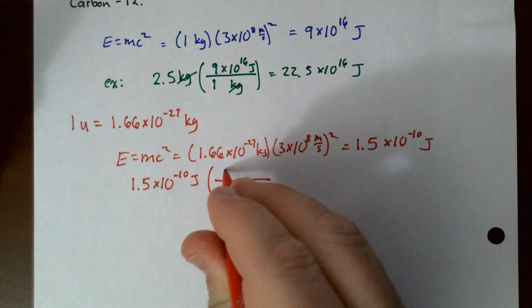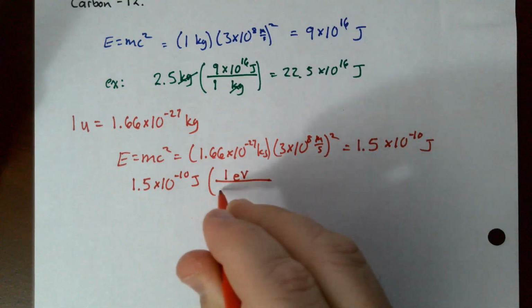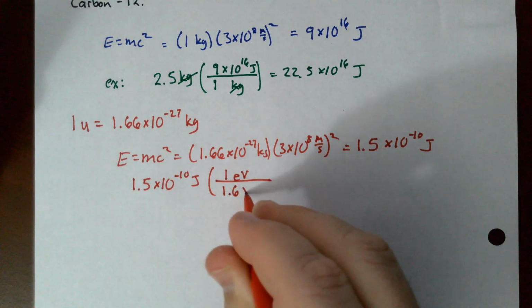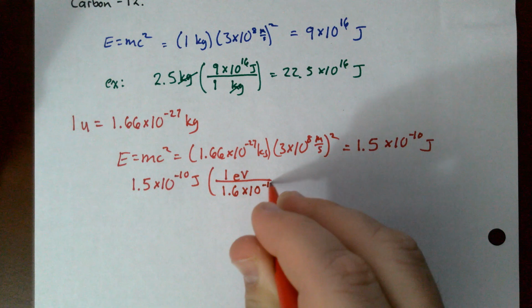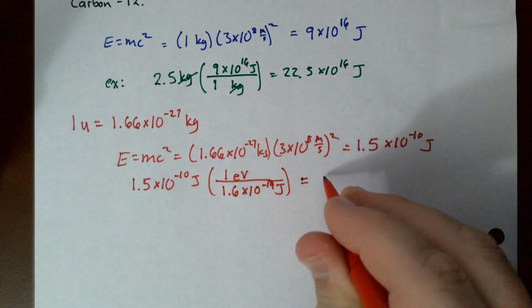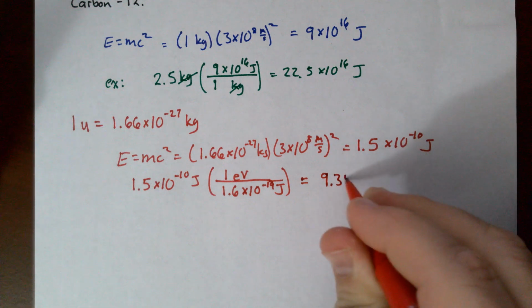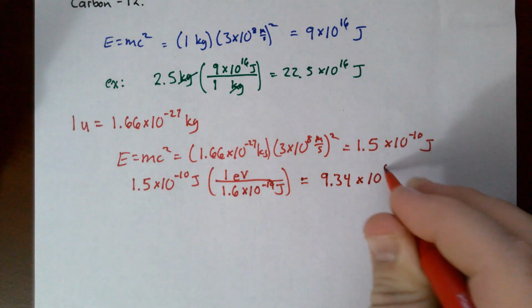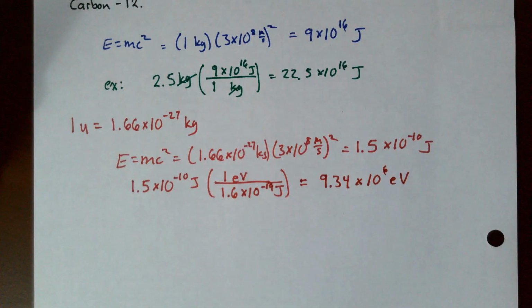And then you convert it to electron volts. So 1 electron volt is 1.6 times 10 to the negative 19 joules. Then you get a number that's about 9.34 times 10 to the 6 electron volts.